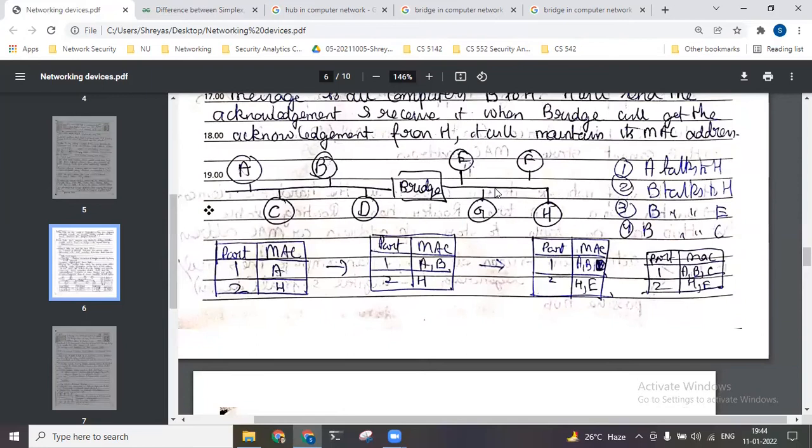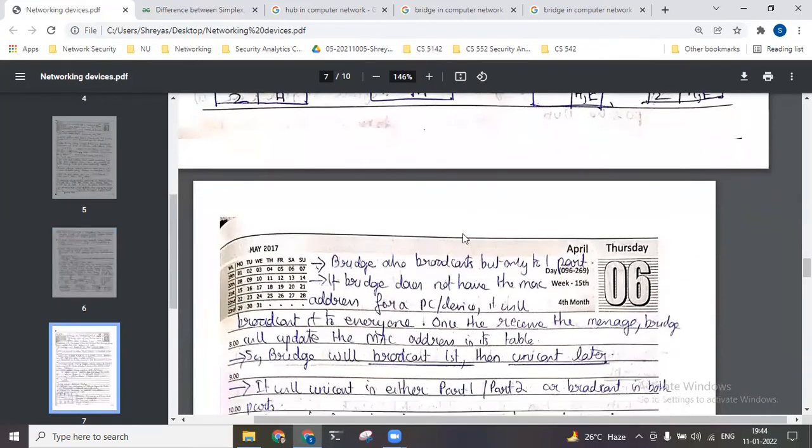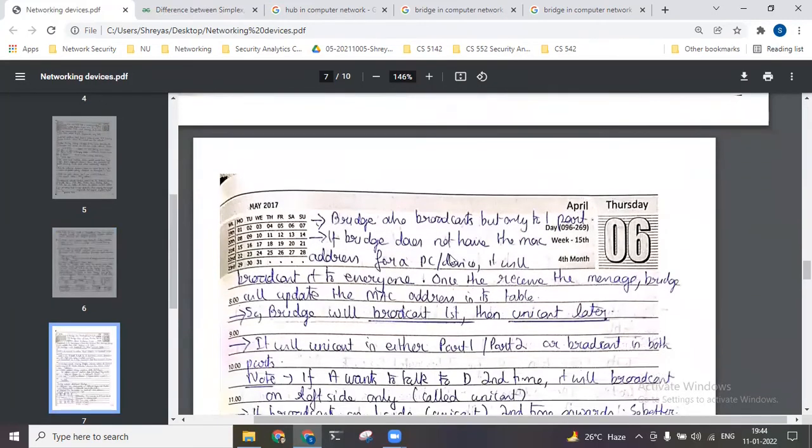But the second time, when PC A wants to communicate with PC H, it will not be broadcast in the first collision domain, because the bridge knows that PC H is on the second collision domain. So the message will be broadcast on the second collision domain, not on the first one. That is the trick to remember over here.